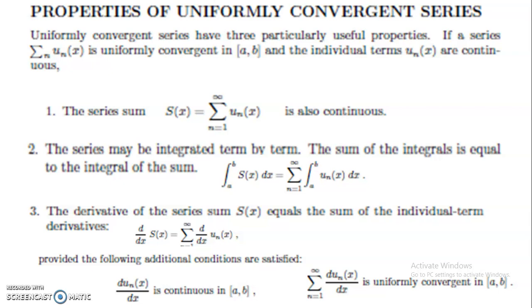That means the derivative of s of x with respect to x is equal to the summation of the derivative of un of x, n from 1 to infinity, provided the following additional conditions are satisfied. What are the additional conditions? That d by dx of un of x is continuous in the closed interval ab, and also the summation of d by dx of un of x is uniformly convergent in the given closed interval.